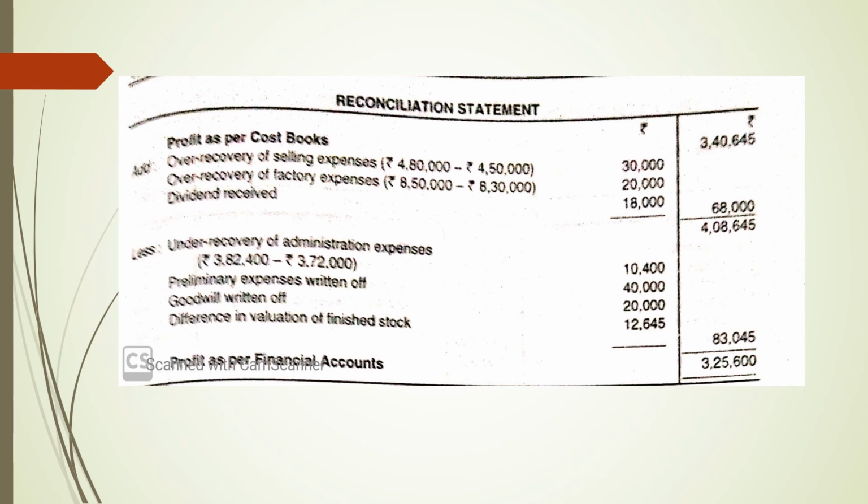Then reconcile these profits. How to reconcile? We have to start with the profit as per cost book as the base profit. In this statement, profit as per cost book becomes 3,40,645.